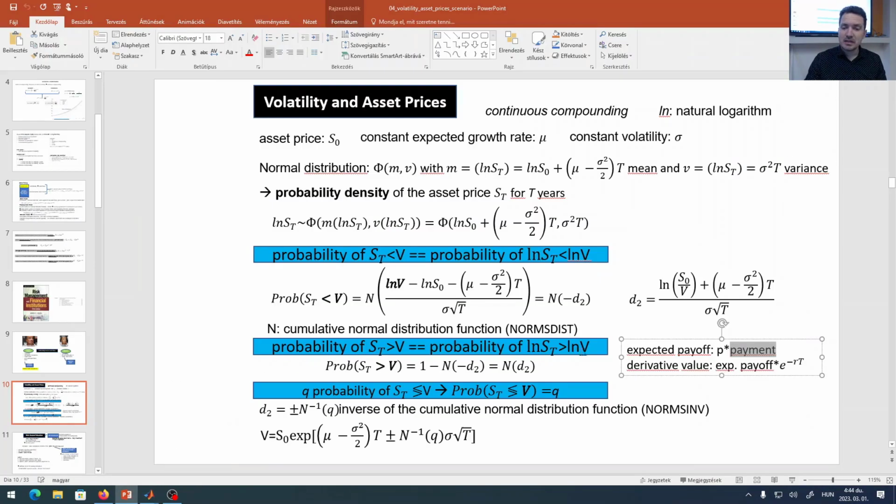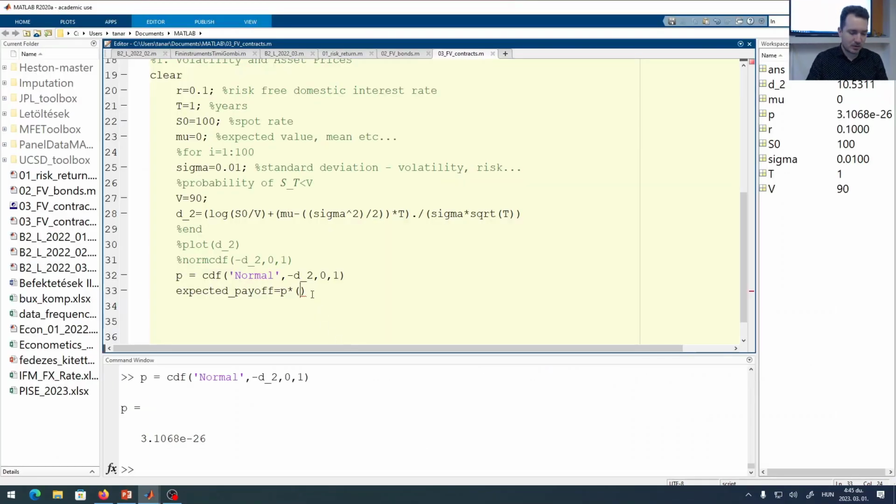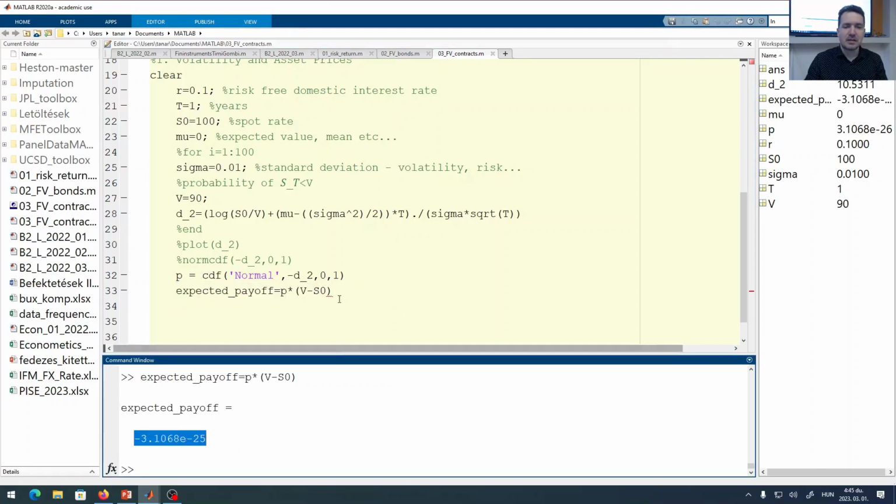What is the payment in this case? If we are paid in a situation where we have the threshold and we have to be under it, then it will be the difference between them. So B minus S0. And it will be a sad negative number.